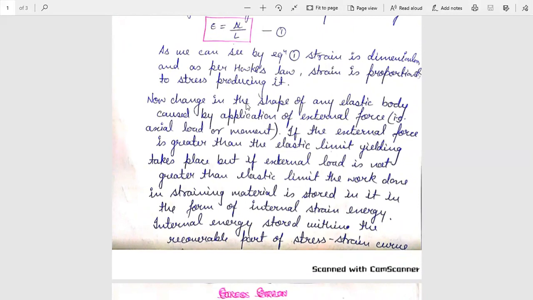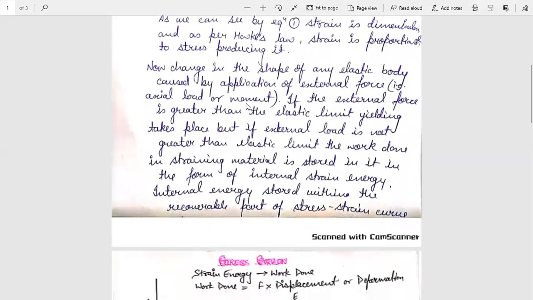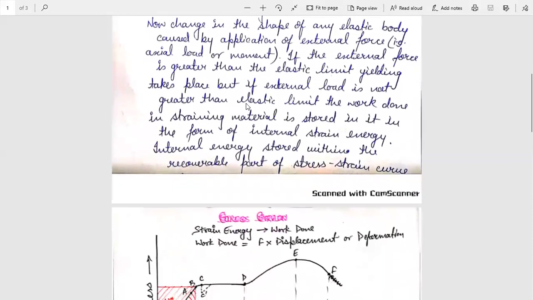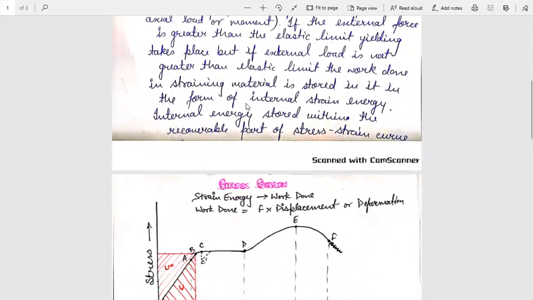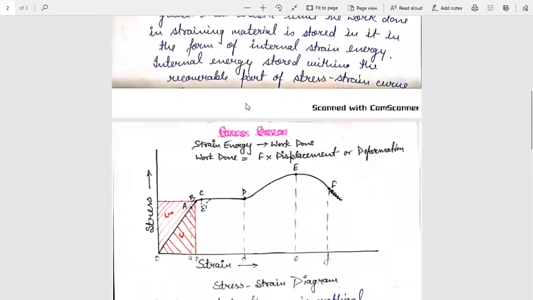But if the external load is not greater than the elastic limit, the work done in straining the material is stored in it in the form of internal strain energy. Now, where is the internal strain energy stored? The internal strain energy is stored within the recoverable part of the stress strain curve.